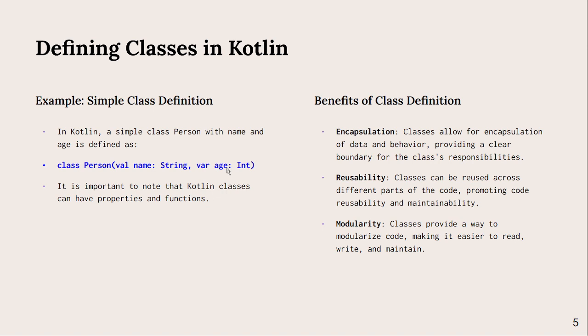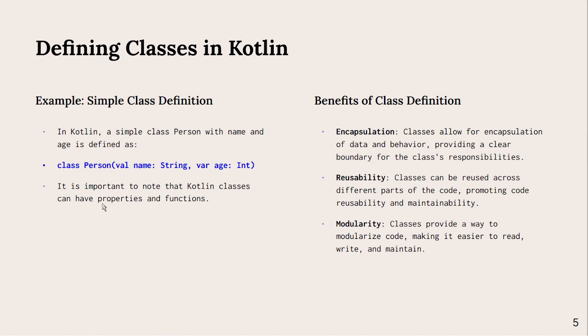Furthermore, for each generated property, accessors and mutators are also generated. For val, since it's read-only, only the accessor is generated. For var, it's read-write, so both accessor and mutator are generated.